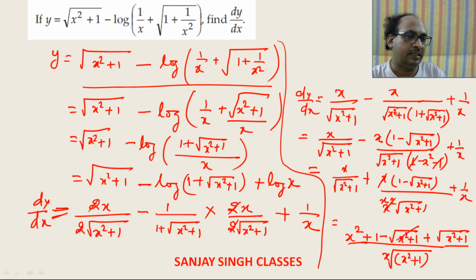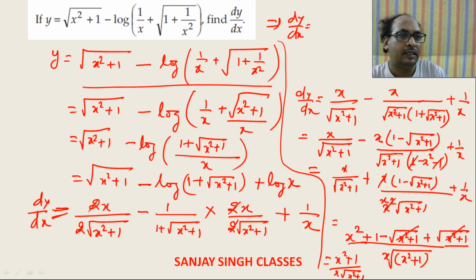So this minus x square plus 1 plus x square plus 1 will get cancelled, okay, and we will get at the top x square plus 1 by x whole root x square plus 1. So it will be giving us, let me write here. So dy by dx is equal to x square plus 1 divided by x whole root x square plus 1.